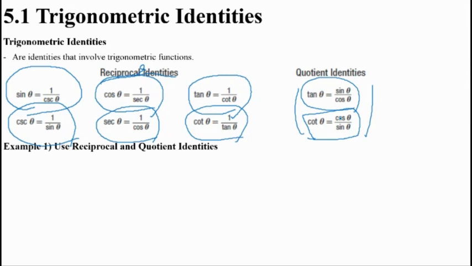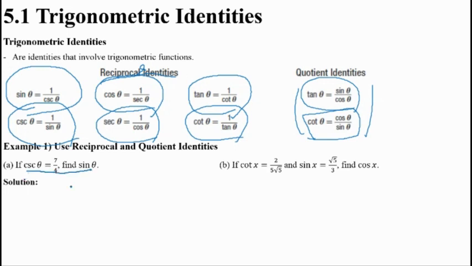Okay, maybe a question using reciprocal or quotient identity. So two questions. A, they give cosecant theta is 7 over 4.